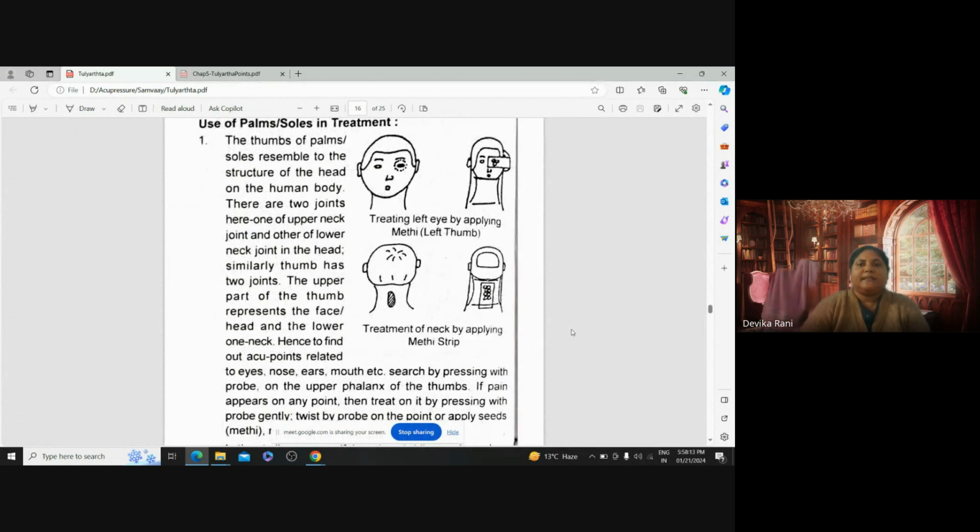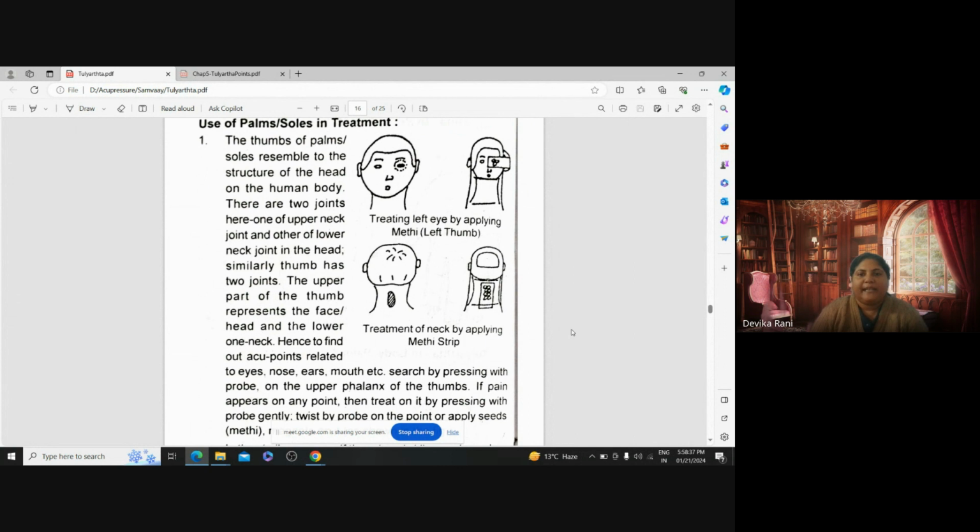So now that we've understood that, how are the palm and sole similar to the human body? If we have any kind of issue, in acupressure, we first find the painful point.